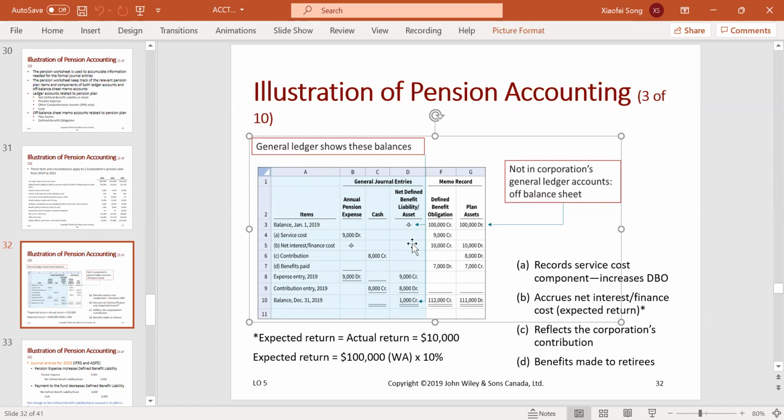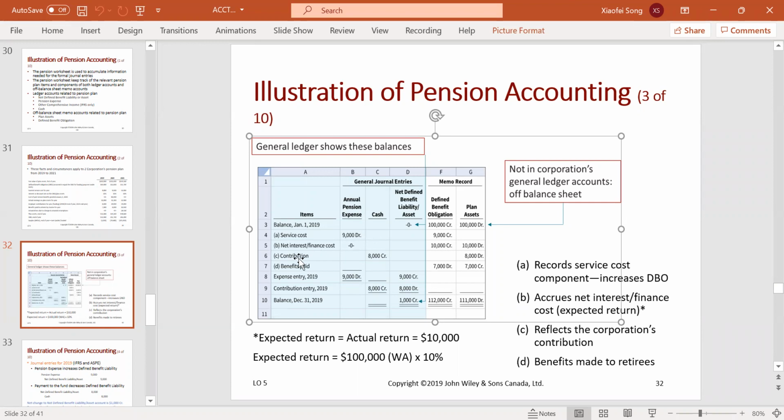So there's a 0 here, but we debit plan assets by 10,000 and we credit defined benefit obligation by 10,000. Does that make sense? There is interest on the DBO and there is a return on plan assets, but the amounts are the same. So the net interest included in the pension expense is 0.